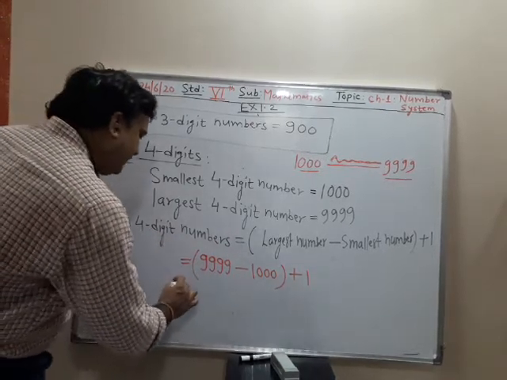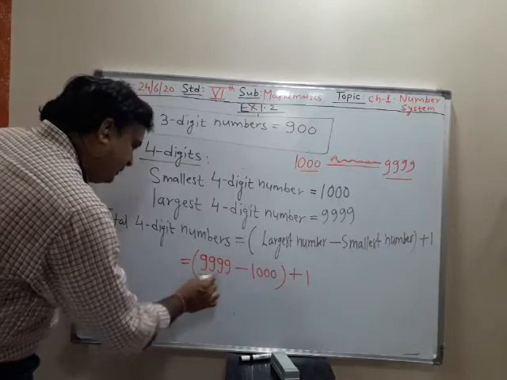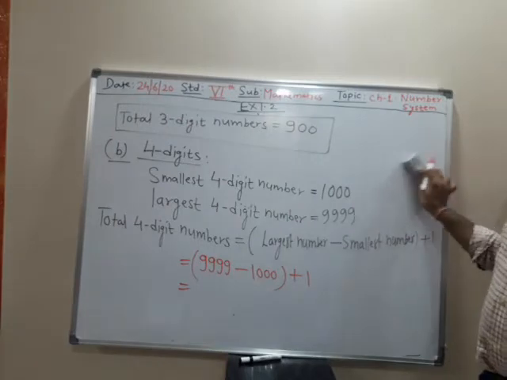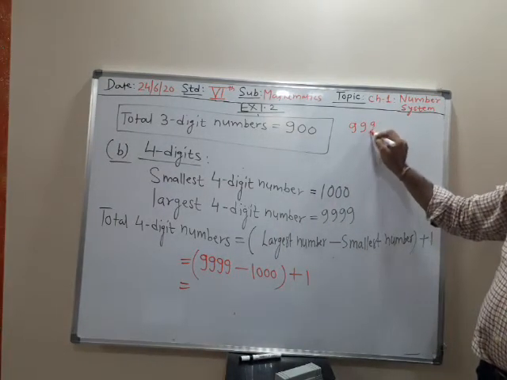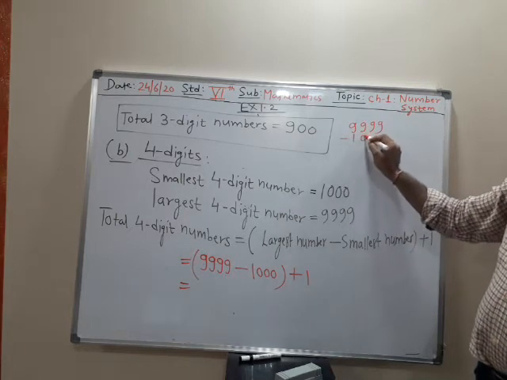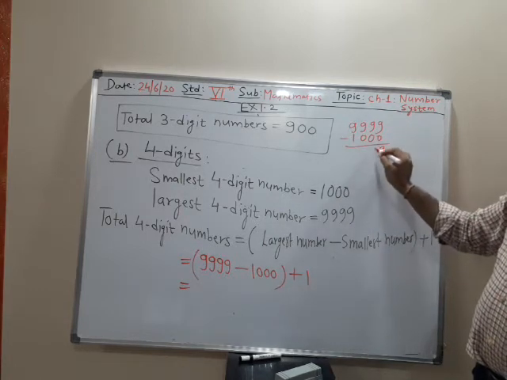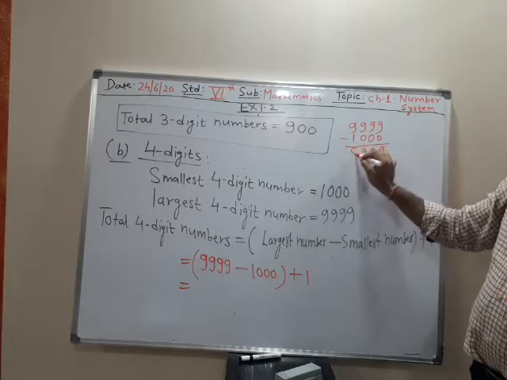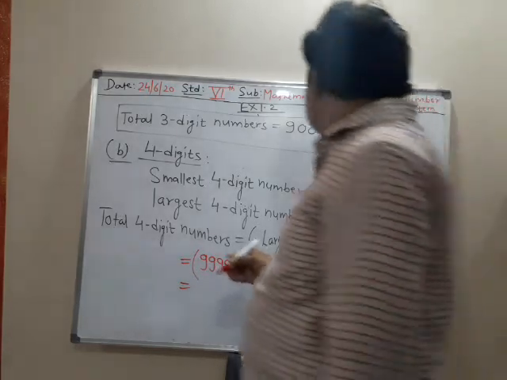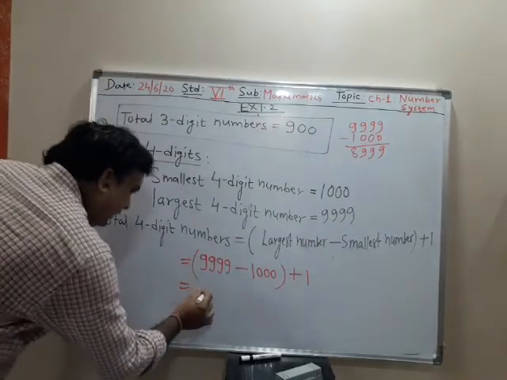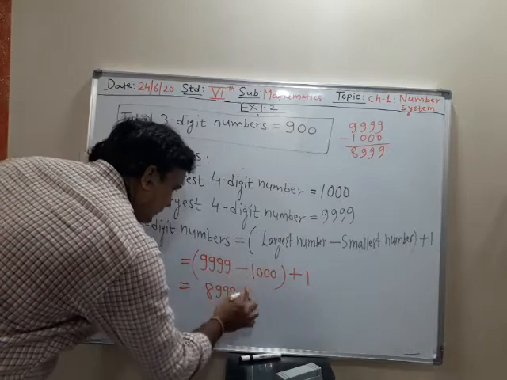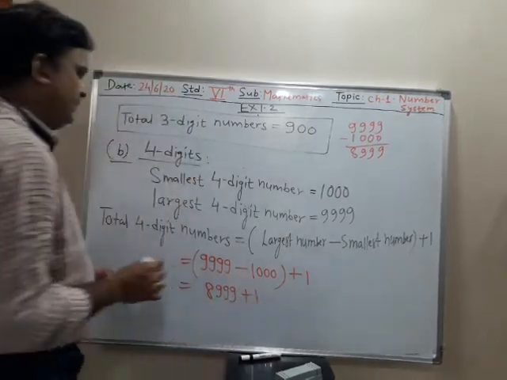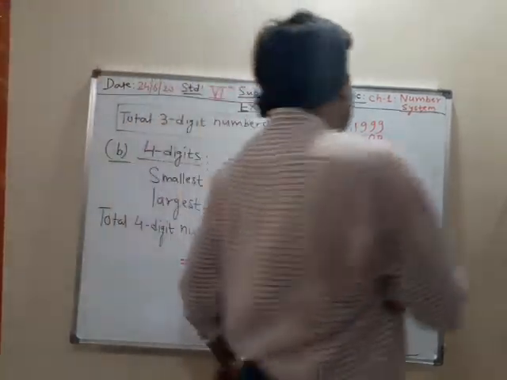So 9,999 minus 1000, we simplify. 9,999 minus 1000 is 8,999.